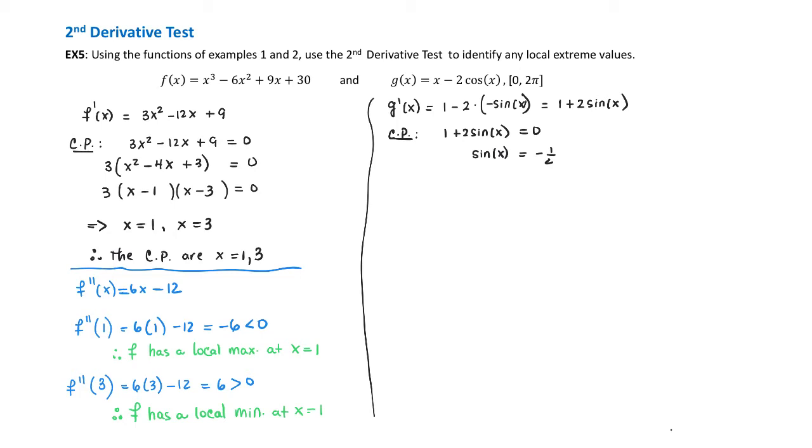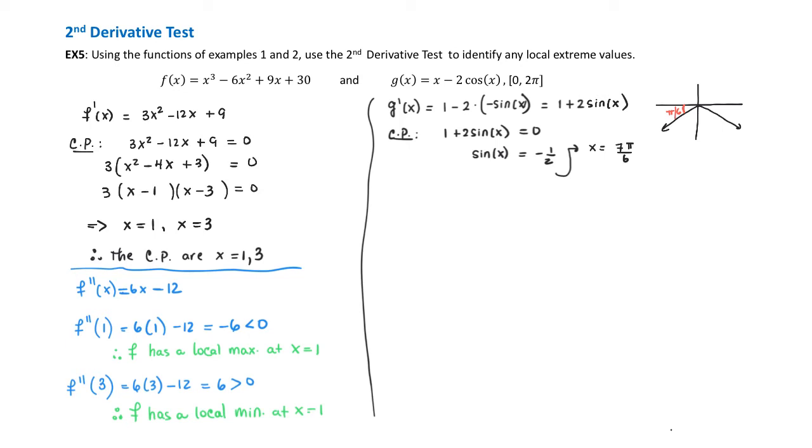Negative 1/2. So where is sine negative? Just quickly over here. Sine is negative whenever y is negative. So then that means in the fourth quadrant and in the third quadrant. And just by quickly solving this equation here, we're going to get that sine is equal to negative a half precisely when x is equal to 7 pi over 6, because this reference angle right here happens to be equal to pi divided by 6.